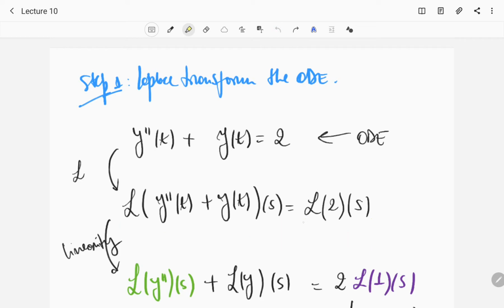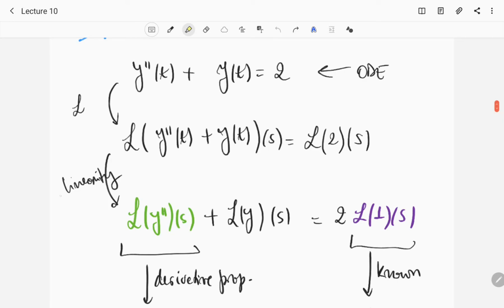Now we can use the linearity of the Laplace transform to split the sum, and of course we can also pull out these two. So we have the Laplace transform of the second derivative of y plus the Laplace transform of y equal to 2 times the Laplace transform of the function 1 in s. So after we start with the ODE, we use the linearity.